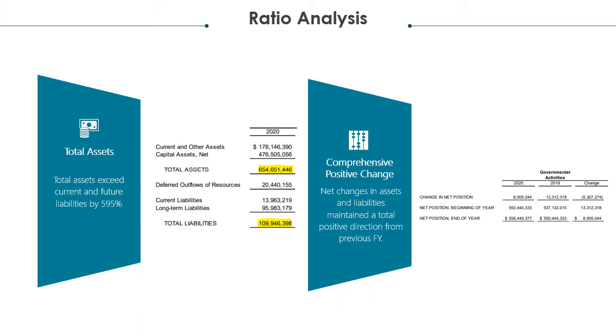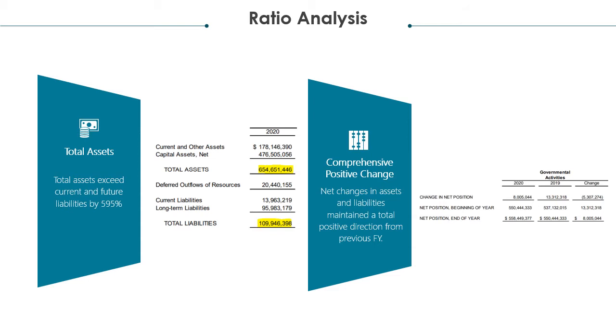So with the City of Marietta, you'll see here in the 2020 fiscal year that their total assets of 654 million 651,446 did exceed the total liabilities of $109.9 million.